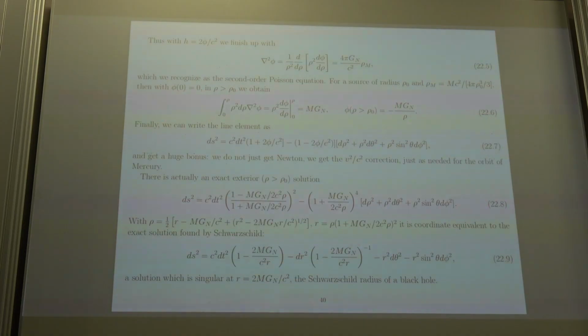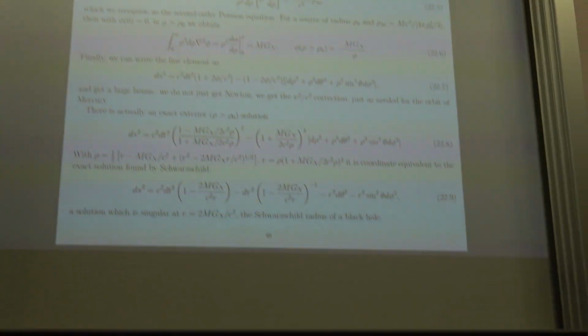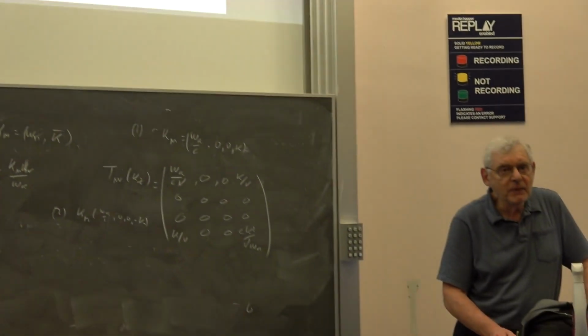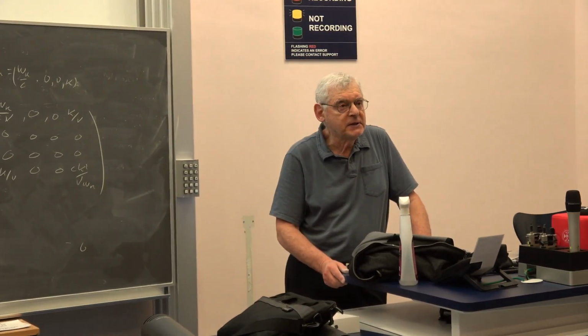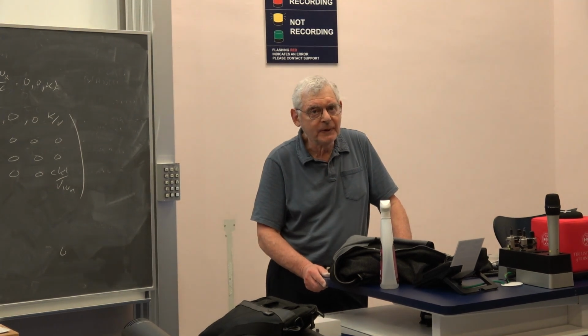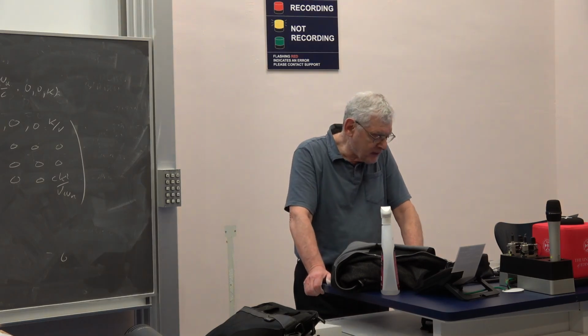The v squared over c squared correction follows automatically from these same equations. So the same equation that fixes the Poisson equation in the first place simultaneously fixes the modification to the orbit compared to Kepler and compared to Newton. And when the number falls out and it comes exactly right, then Einstein knew he was on the right track.